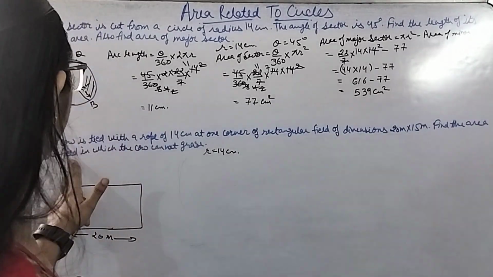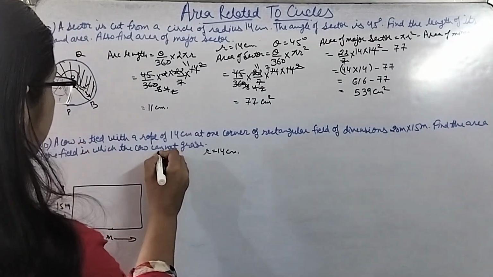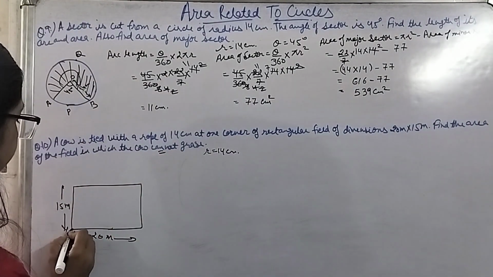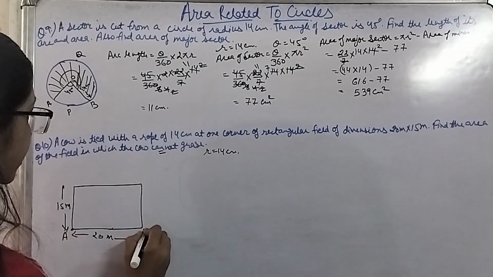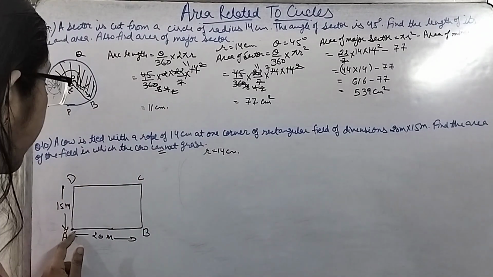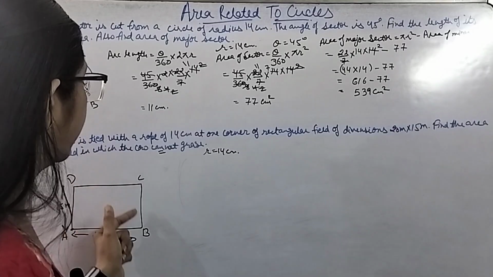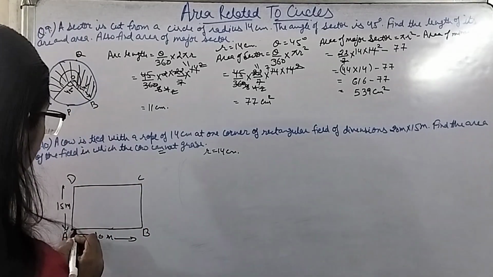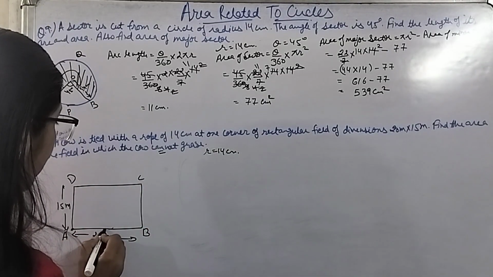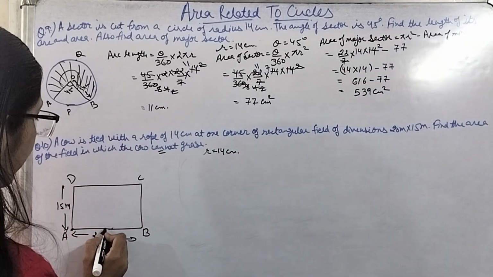Find the area of the field in which the cow cannot graze. So suppose your cow is tied at this point. This is point A, this is B, this is C, and this is D. And the cow is tied at point A. So the area in which the cow can graze will be, from here to here, 14 centimeter will be the radius, or the length of the rope given to us as 14.